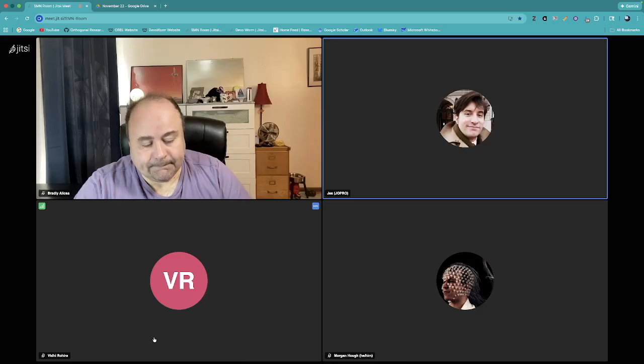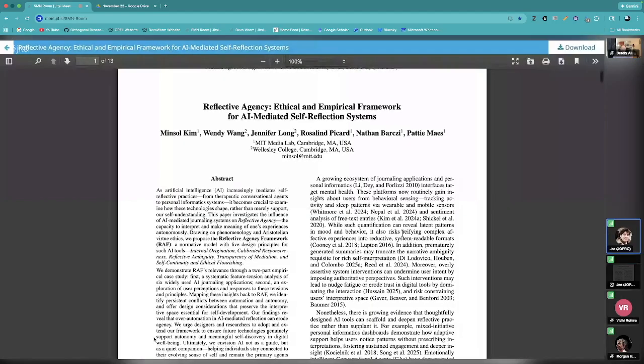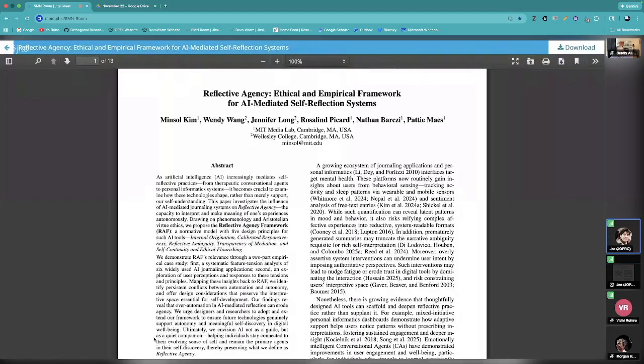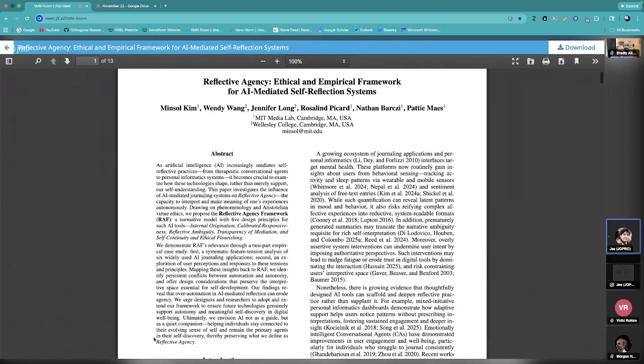It's called Reflective Agency: ethical and empirical framework for AI-mediated self-reflection systems. And this is out of MIT Media Lab. Minsel Kim, the lead author, is in Fluid Interfaces, I believe.